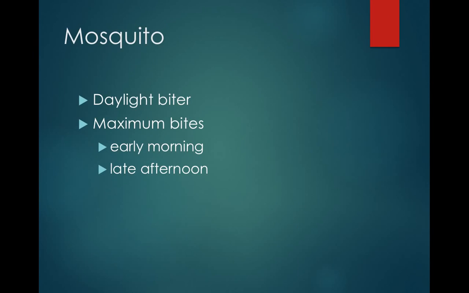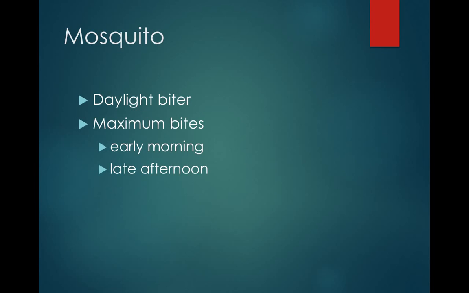This mosquito is basically a daylight biter, means it usually bites in the daytime, and even among the daytime, maximum bites happen either in early morning or late afternoon. So these two timings are very critical because most of the time we try to keep mosquitoes away only at night time by putting some coils and so on.